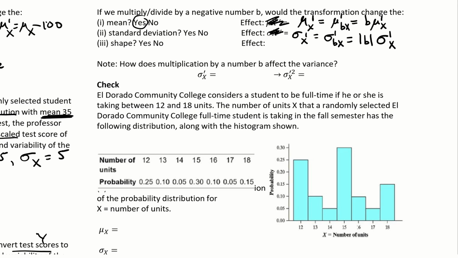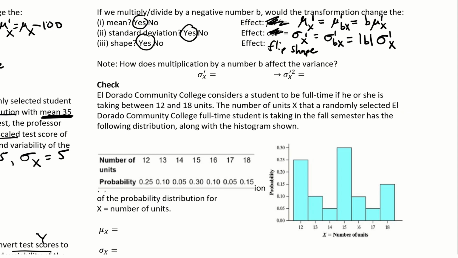So if b is negative 5, then you're going to use the absolute value. It's going to be 5. All right? The spread can never be negative. The mean can be negative, but the spread cannot be negative. Okay? We're talking about the standard deviation. All right, so it does change the standard deviation, and it actually does change the shape. It flips the shape.